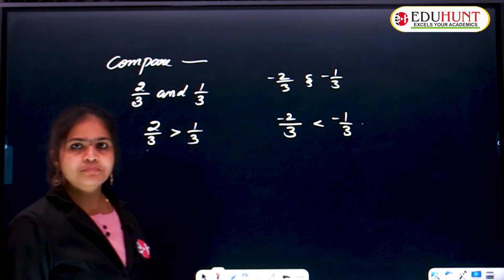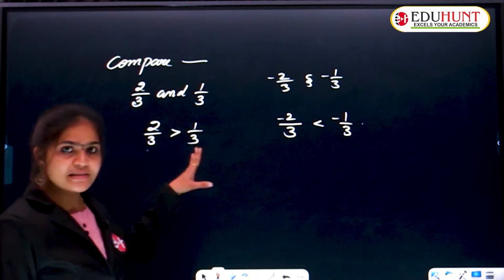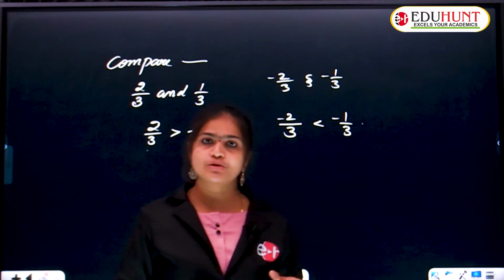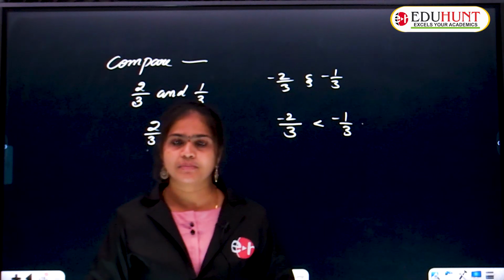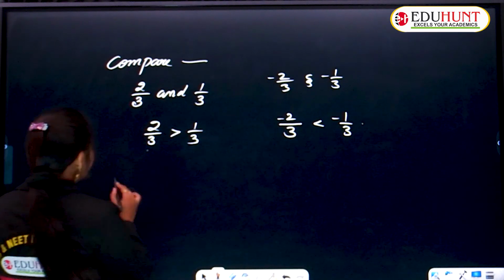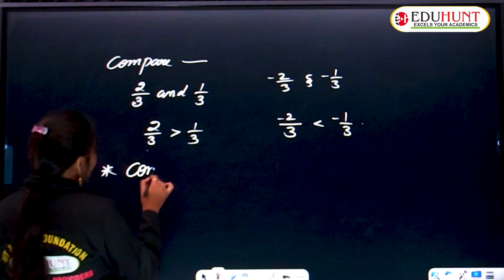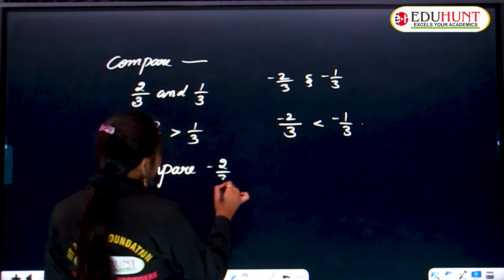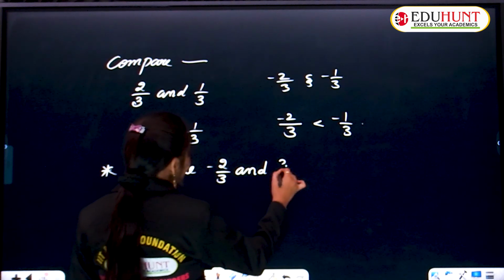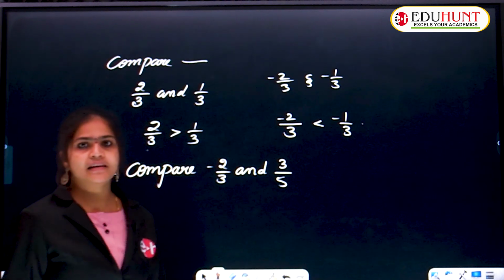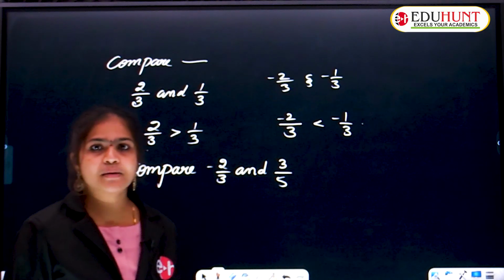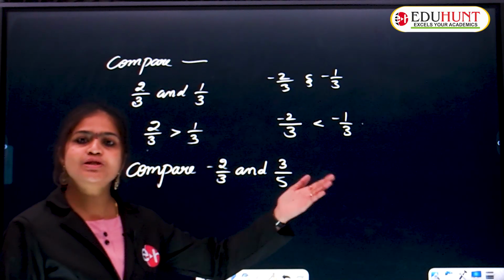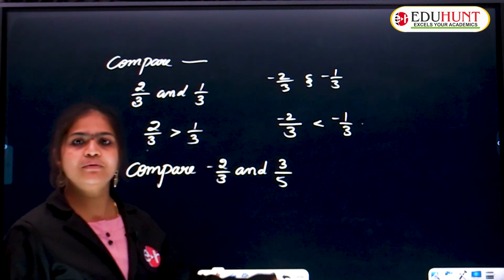Understood, my children? So this is about the comparison of rational numbers, both positive and negative rational numbers. For example, one positive rational number: compare minus 2 by 3 and 3 by 5. Which one is greater here? Simply we can say that all positive rational numbers are greater than negative rational numbers.